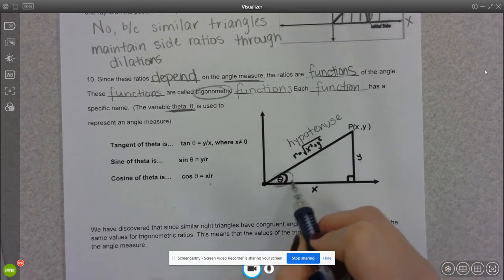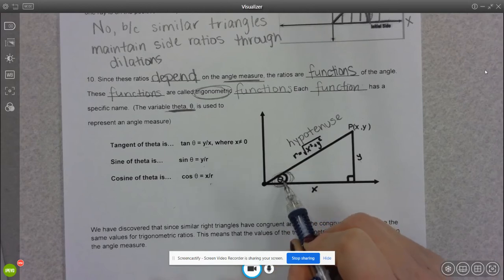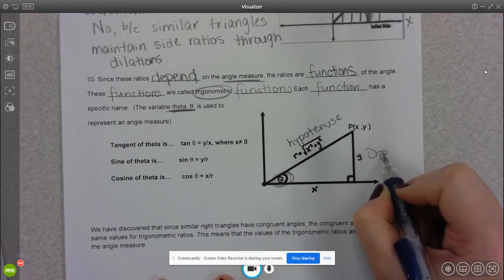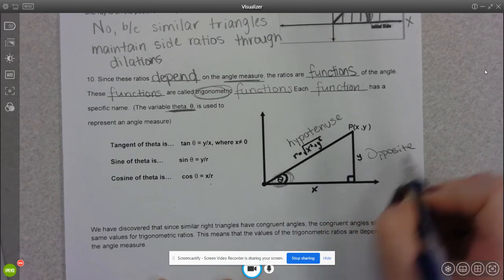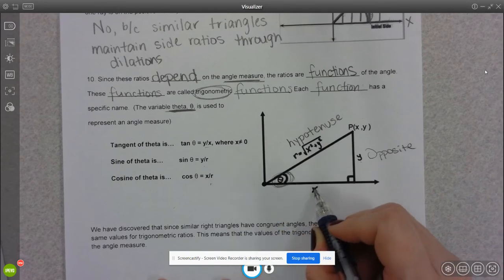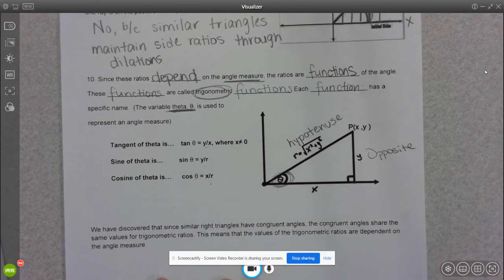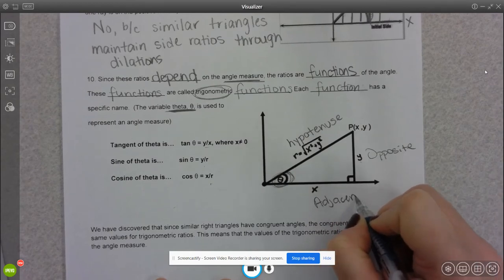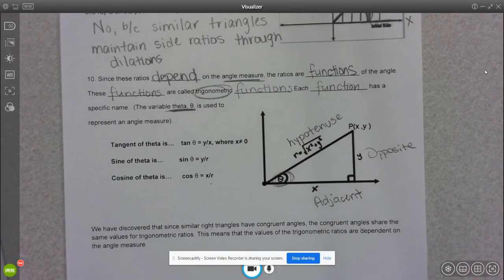So here is my angle, on the other side, or the opposite leg. This would be opposite. And because this is right next door, or adjacent, to the angle, we label that adjacent.